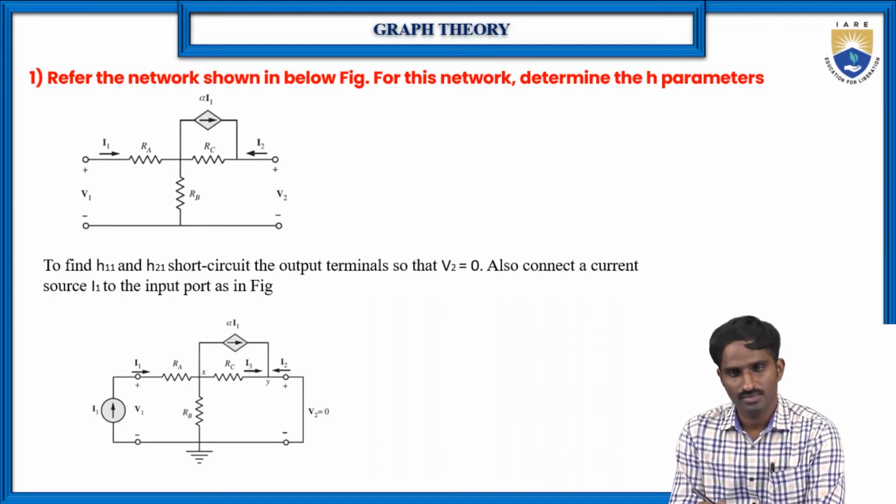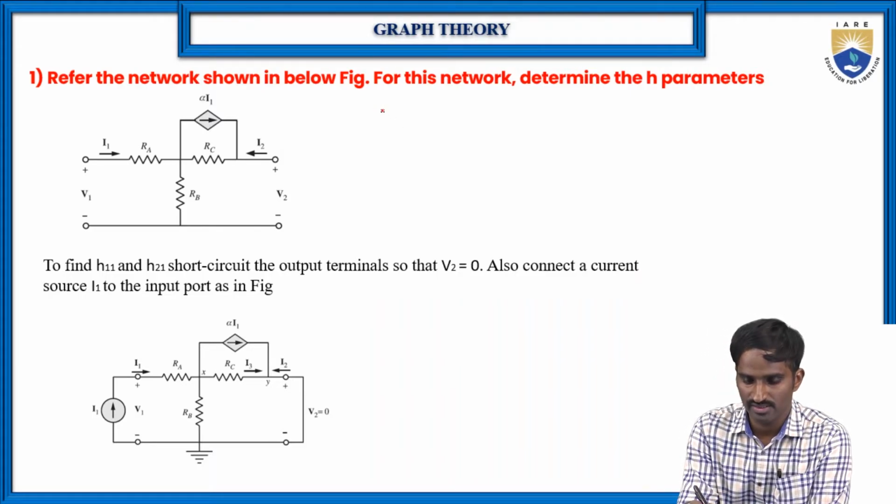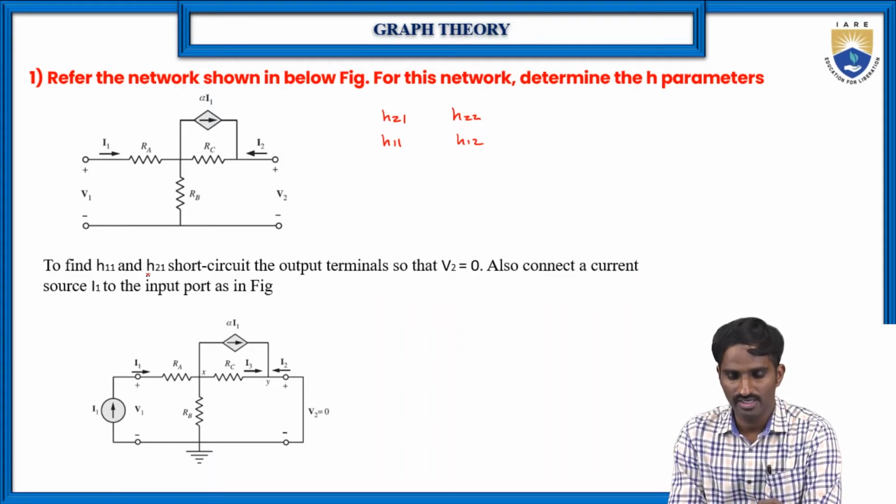As usual, there are four H parameters. In the first set we will find H11 and H21, and in the second set we will find H22 and H12.